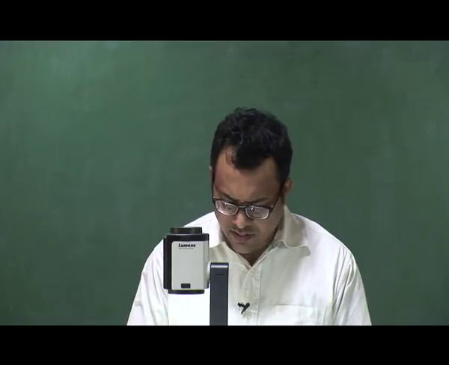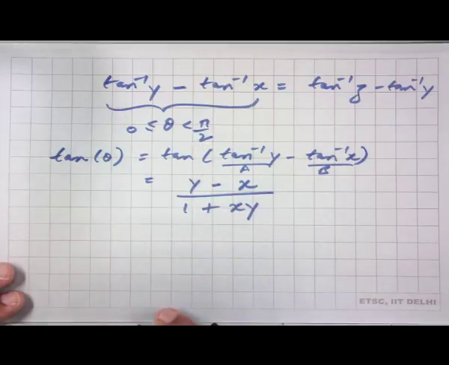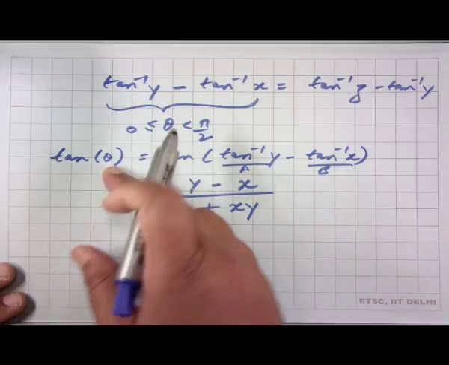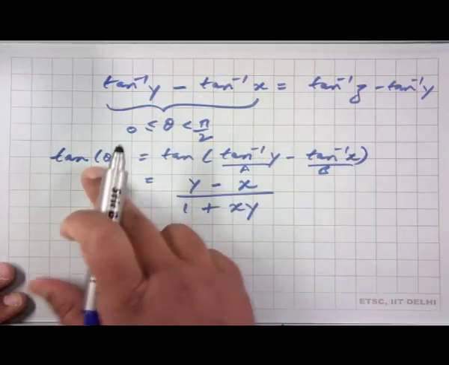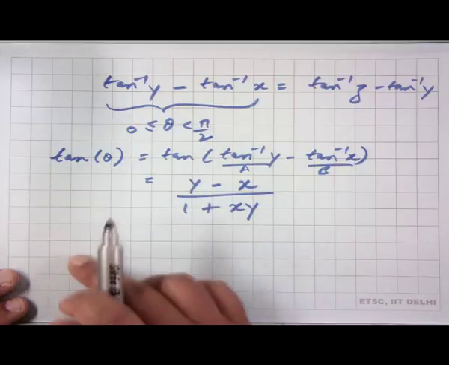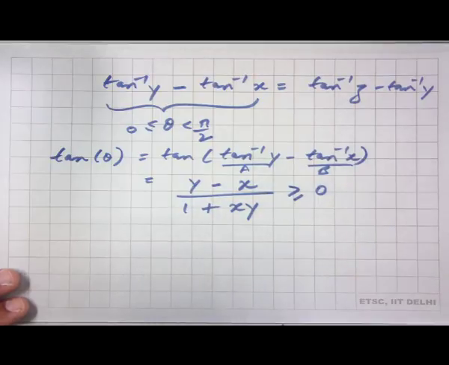Now, because this theta is between 0 and pi by 2, it follows that this value of tan theta is non-negative, because when theta is between 0 and pi by 2, the graph of the tan function takes non-negative values. So, this has to be greater than or equal to 0.